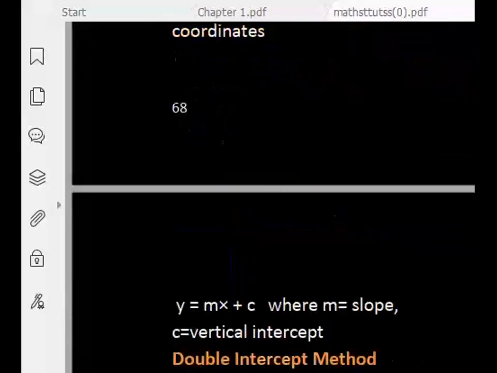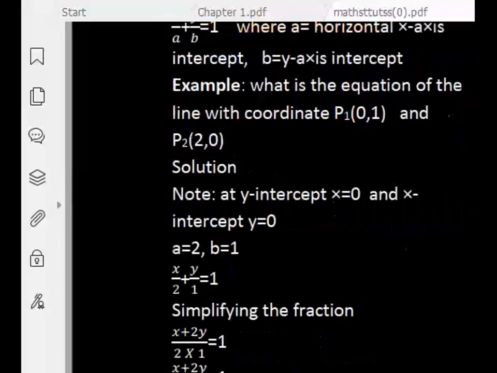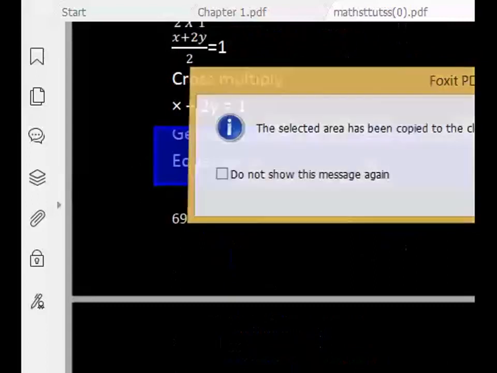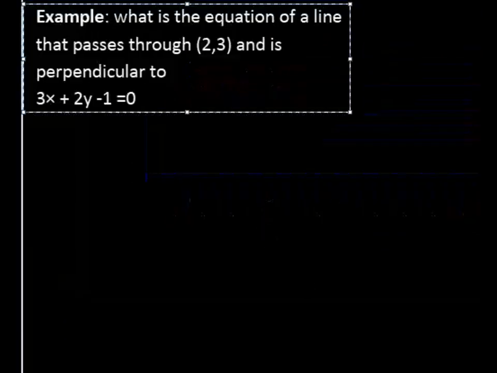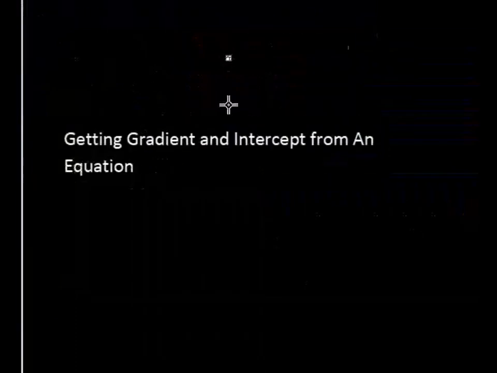This is a subtopic we're supposed to do before we continue and solve questions. So let's look at how we can actually obtain the gradient and intercept from an equation.